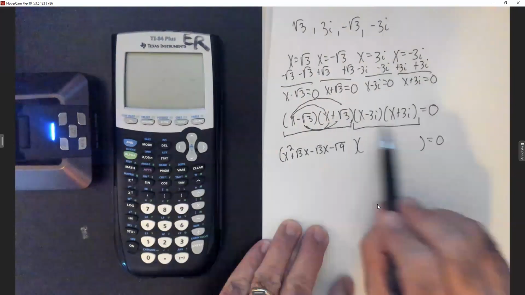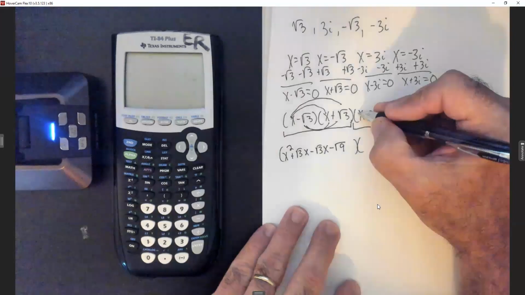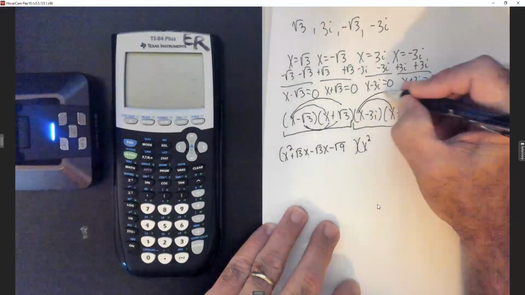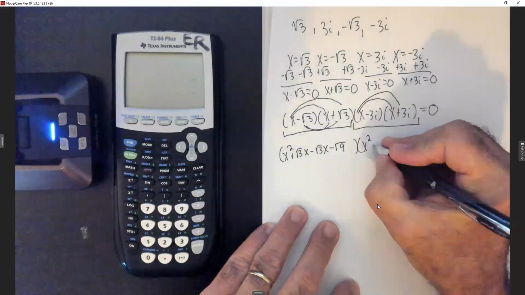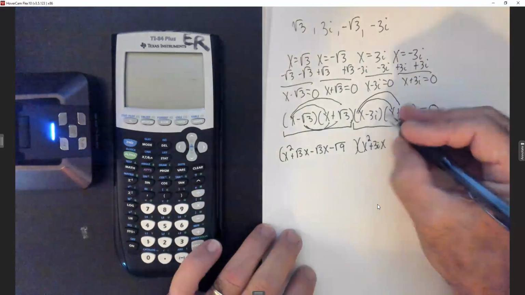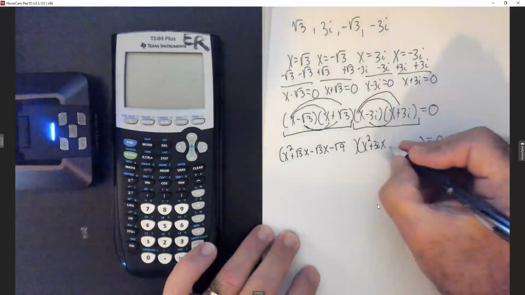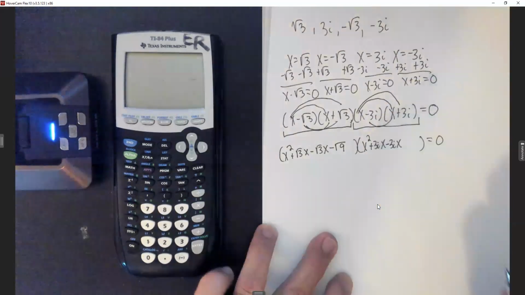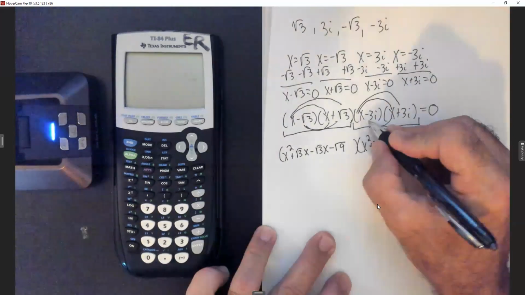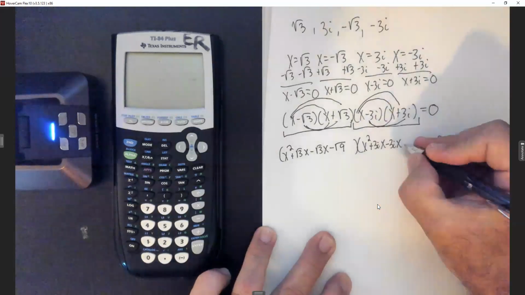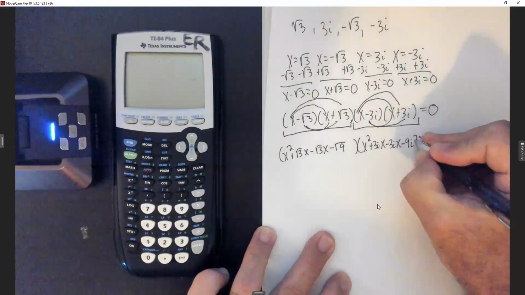Now this side, I got an x times an x, which is an x squared. x times 3i is a 3ix. Negative 3i times x is a negative 3ix. And then negative 3i times positive 3i is a negative 9i squared.